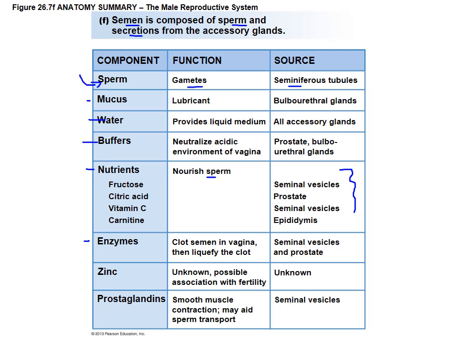There are also various enzymes which act in clotting the semen in the vagina and then liquefying the clot. There's also zinc, an interesting component of semen. Its exact role in reproduction is not clear, but it has been found that when the concentration of zinc is below a certain level, it leads to infertility. Another component is the prostaglandins. The seminal vesicles contribute prostaglandins, which appear to influence sperm motility and transport.